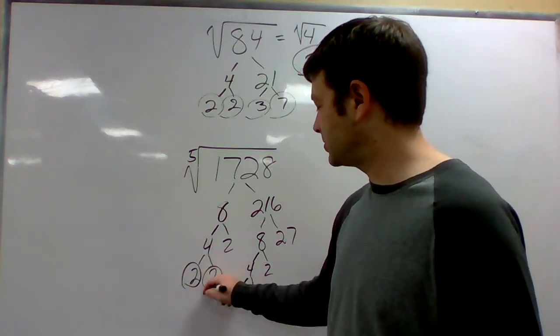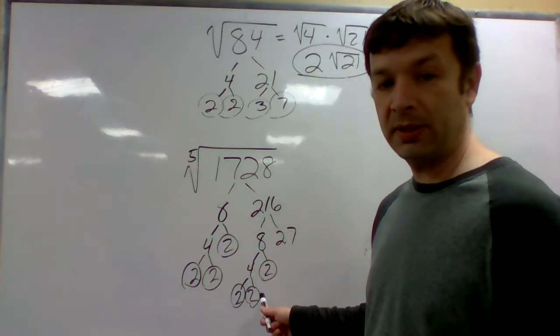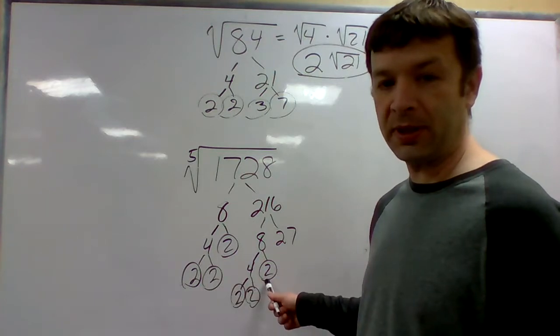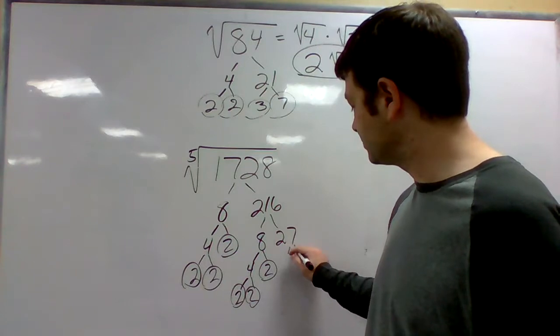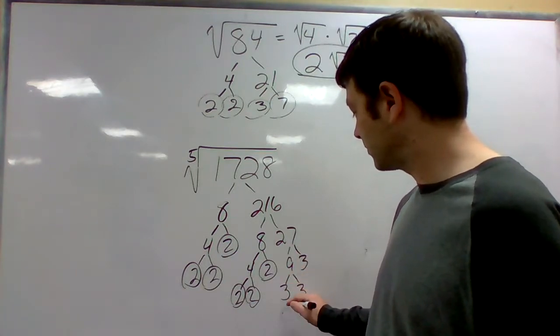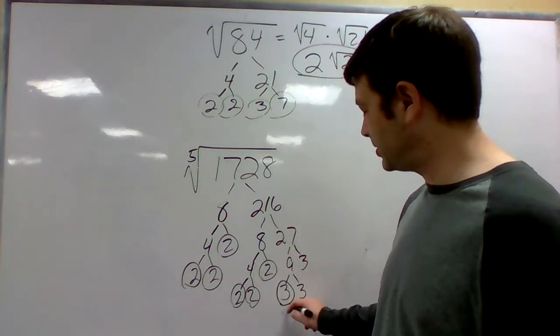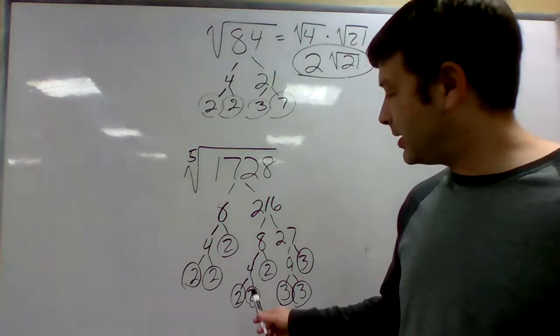I'm going to circle all these bottom branches so we don't miss anything. I already got 6 2s here, so we have 5 of something. Okay, 27 is 9 times 3.